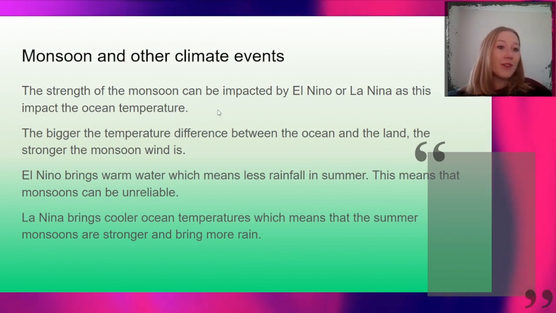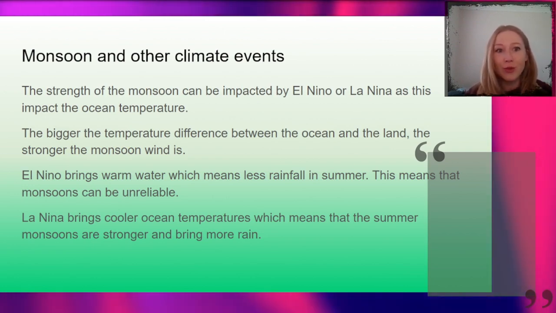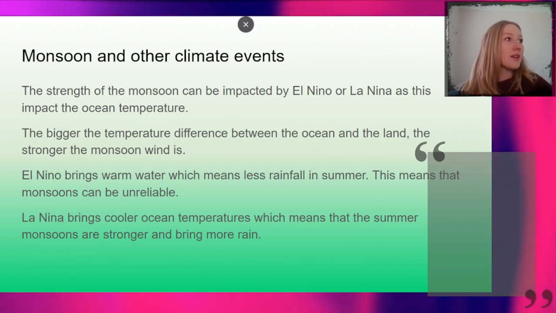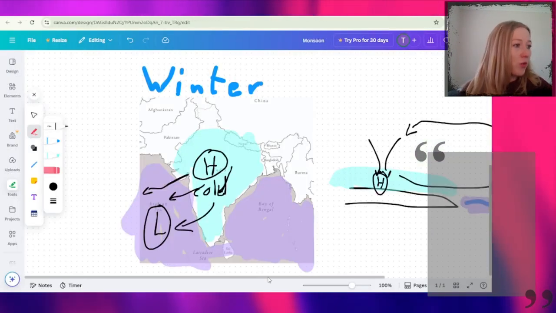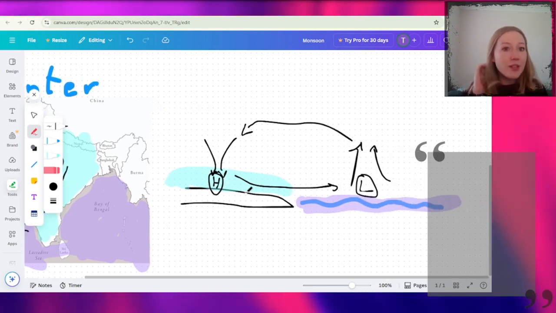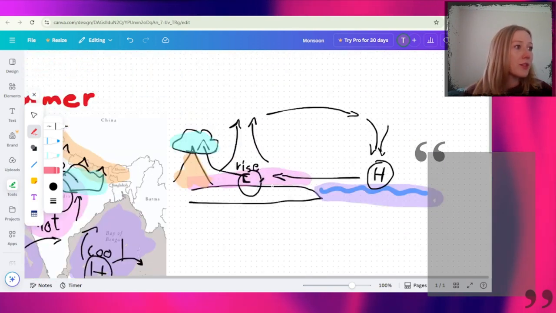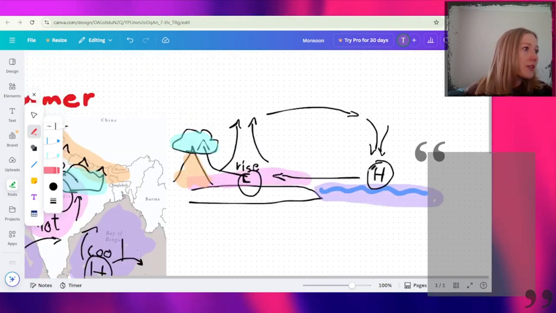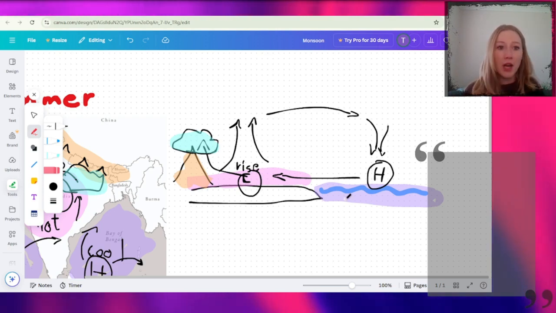Okay, so what I did find really interesting was how El Nino and La Nina are also linked to the monsoons. We understand, hopefully, that this wind that forms here depends on this difference in temperature. So when this is warmer than this, we get the wind forming. We get the low pressure and we get the high pressure.